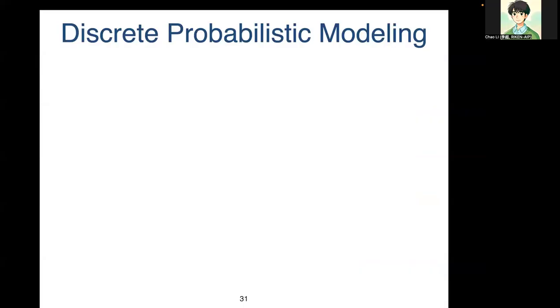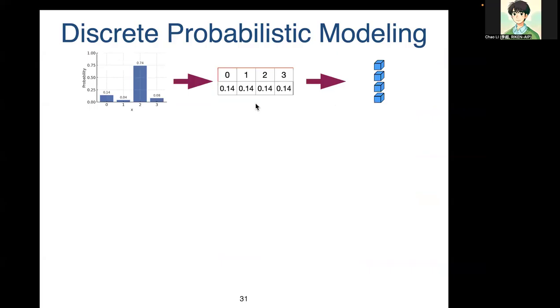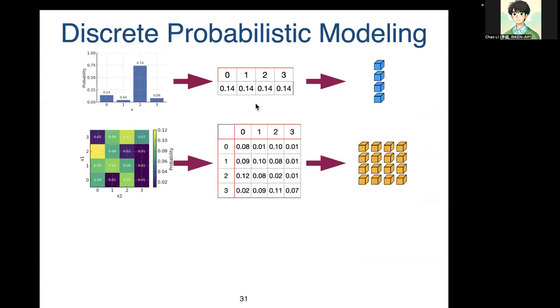Now, let's move to another application, that is discrete probabilistic modeling. In this application, we are modeling probability distributions over discrete random variables. We know that for a single random variable, the distribution can be seen as a vector, while for two-dimensional random variables, we can then use a matrix.